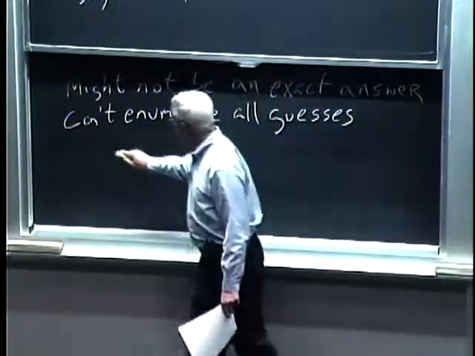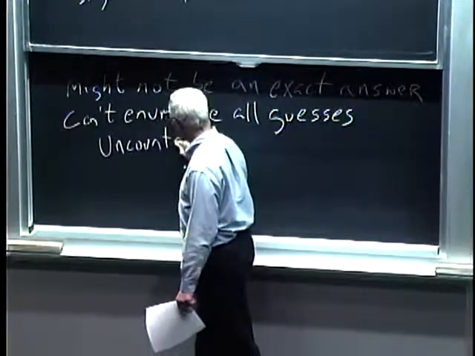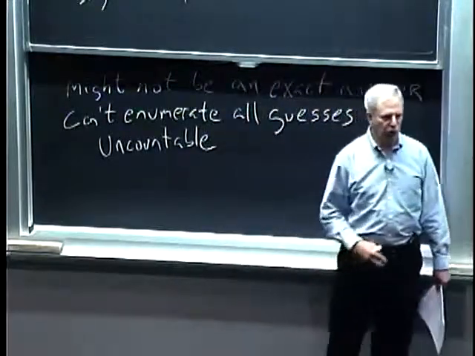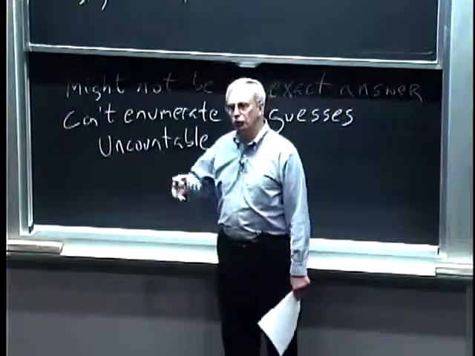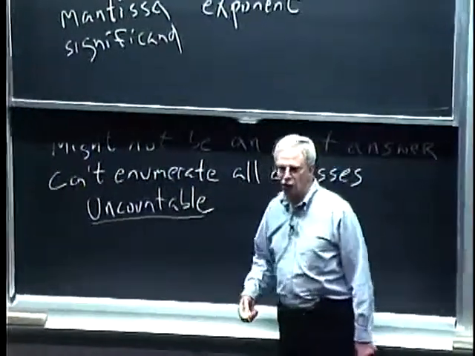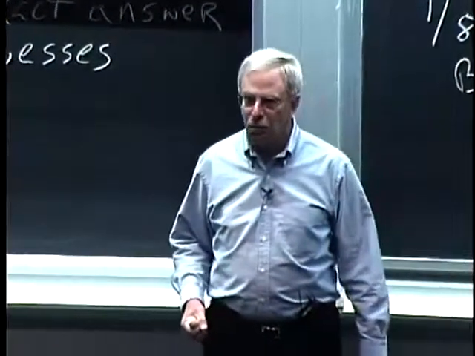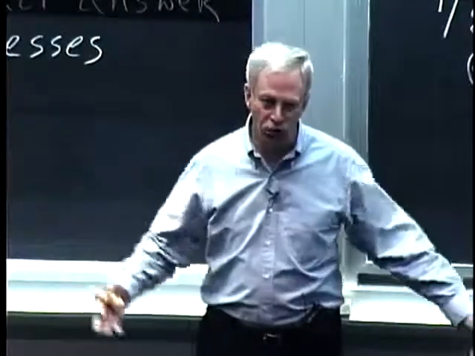And that's because the reals are uncountable. If I ask you to enumerate the positive integers, you'll say 1, 2, 3, 4, 5. If I ask you to enumerate the reals, the positive reals, where do you start? 1 over a billion plus who knows?